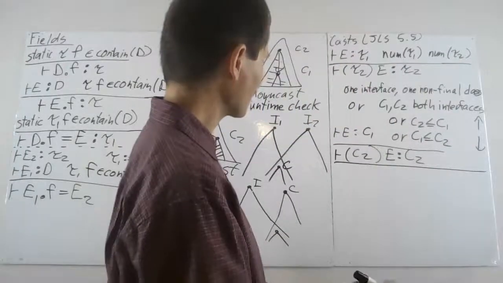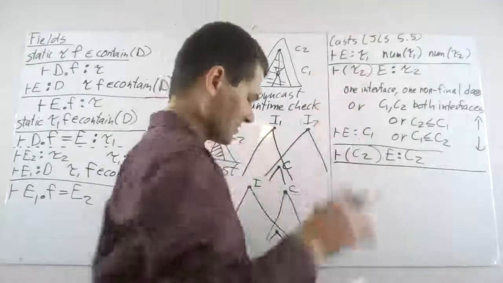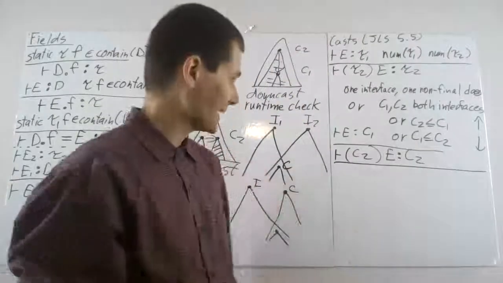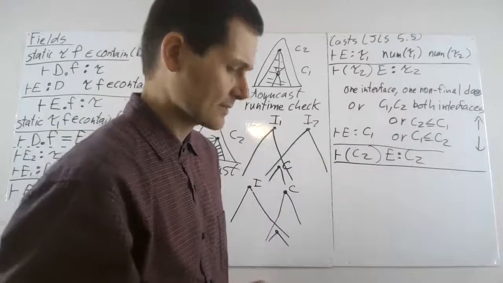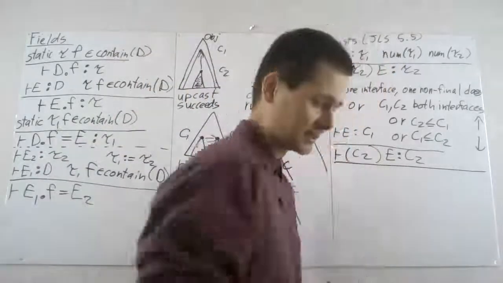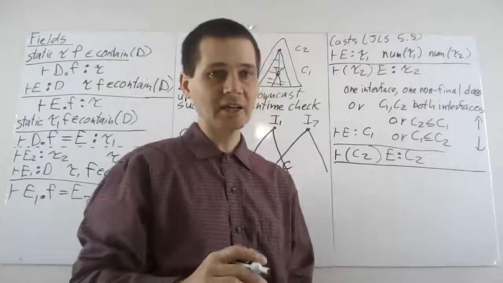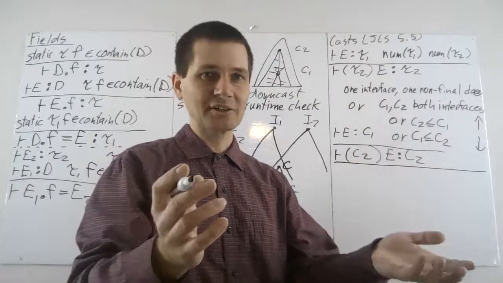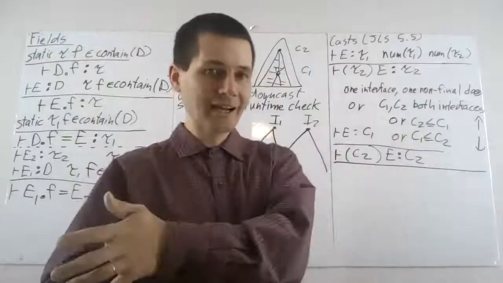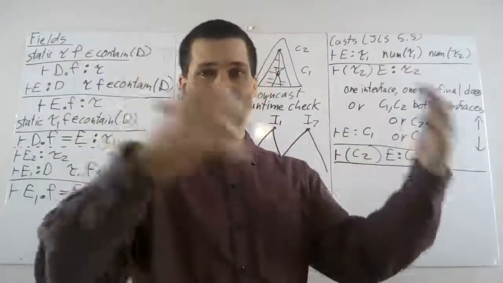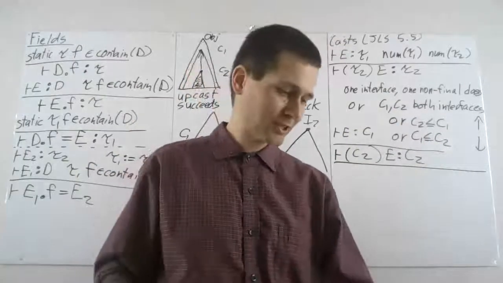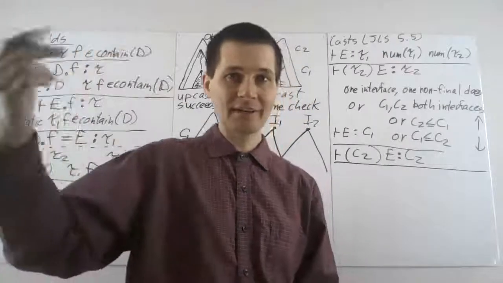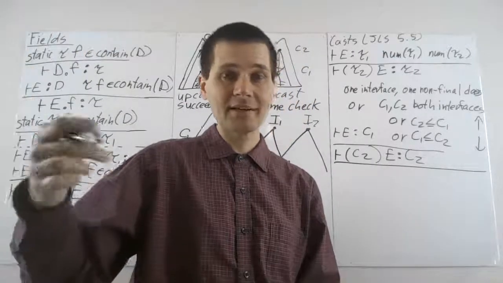So once you have casts, there are two other features that depend on casts. One of these is the instanceof check. It's like the check that you do as part of a cast, but if you want to do the check without making sure that it's going to succeed, right?